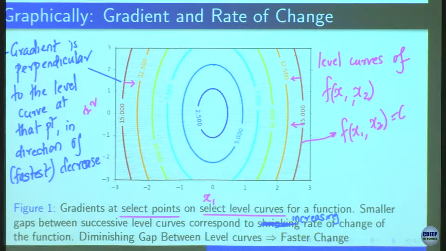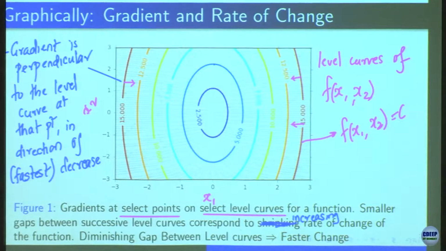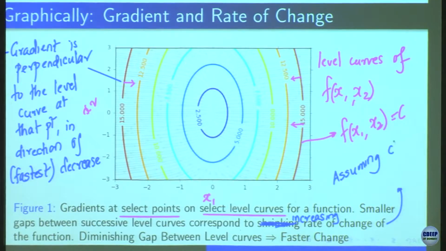His question is, have we ensured that the C's are changing at the same unit? So, yes, assuming the C's are spaced out uniformly.